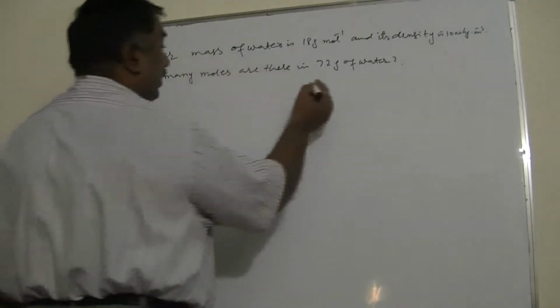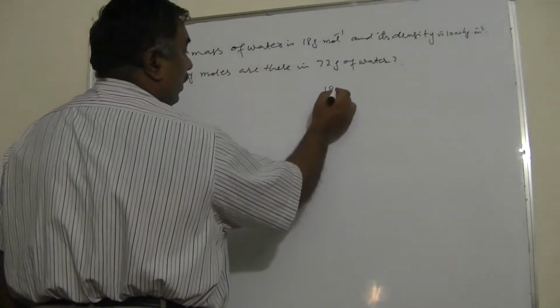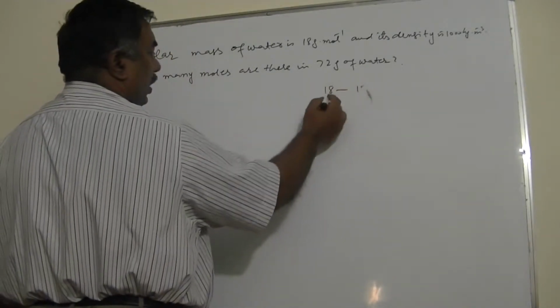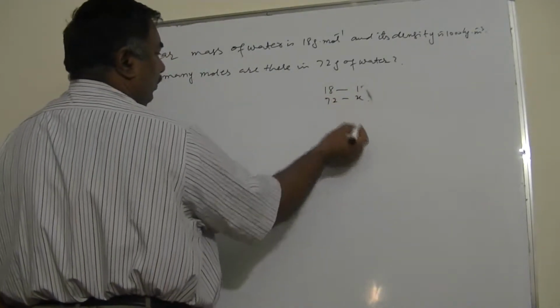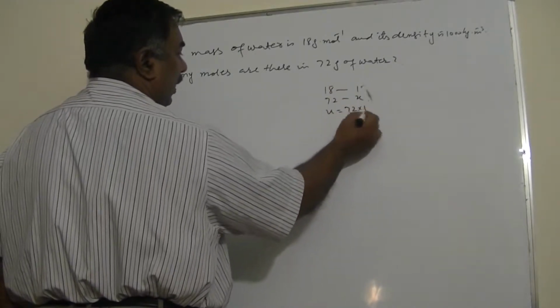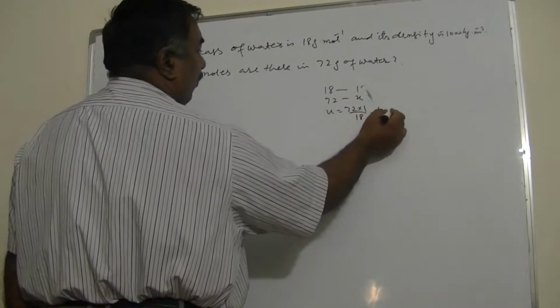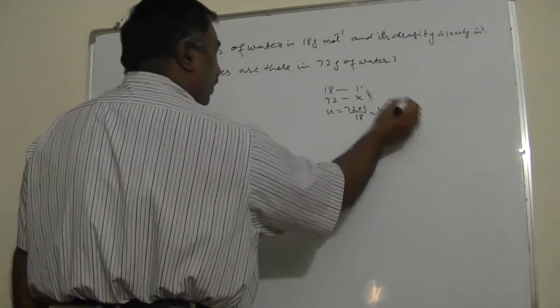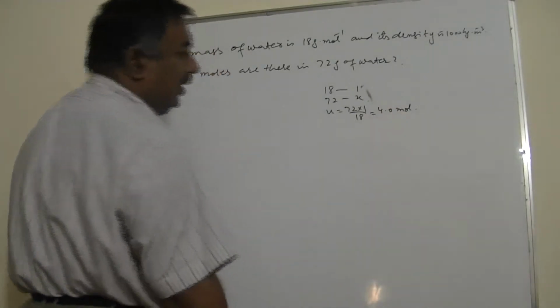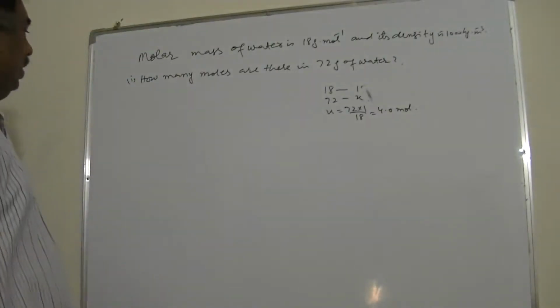Suppose 18 gram is 1 mole, so 72 gram is x mole. Cross multiply, so x will become 72 into 1 divided by 18, and it comes out to be 4.0 mol. When you write mole as a unit, the symbol is mol.